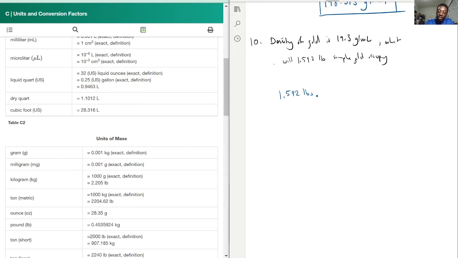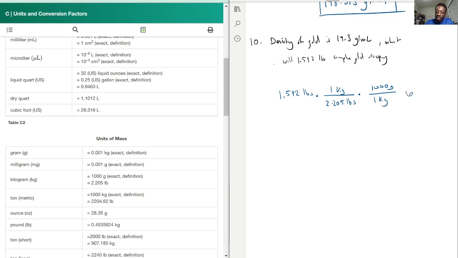So actually what I'm going to do here is convert first to pounds to kilograms. So we have 2.205 pounds is equal to 1 kilogram. And then we have 1 kilogram is equal to 1,000 grams. Okay, so now we've gone into the grams part.